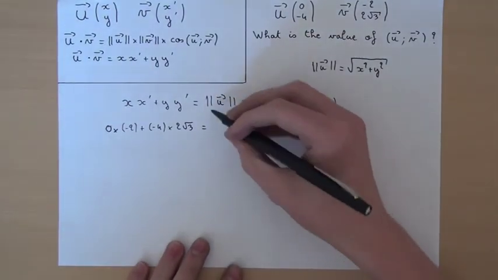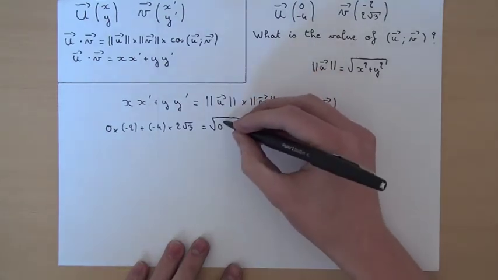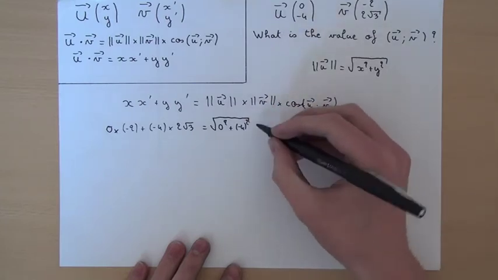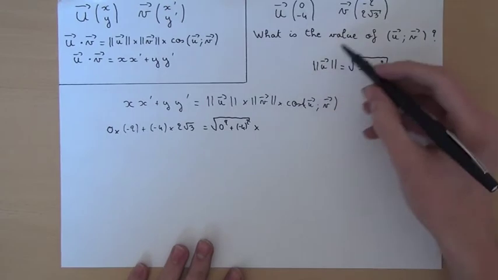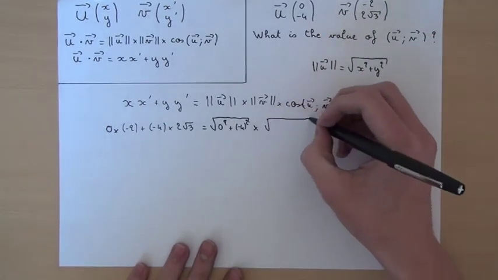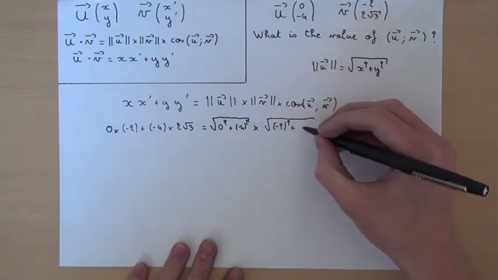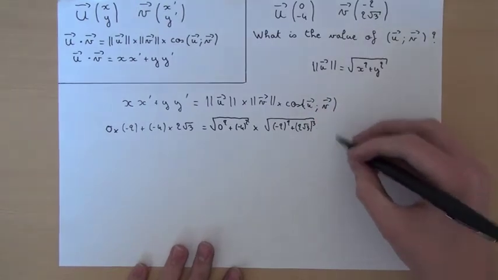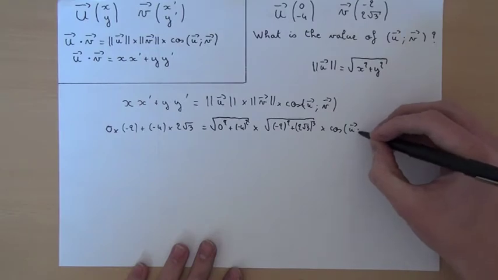The magnitude of u will be the square root of 0 squared plus -4 squared, multiplied by the magnitude of v. You do the same. So it's the square root of (-2) squared plus (2√3) squared, multiplied by cos uv.